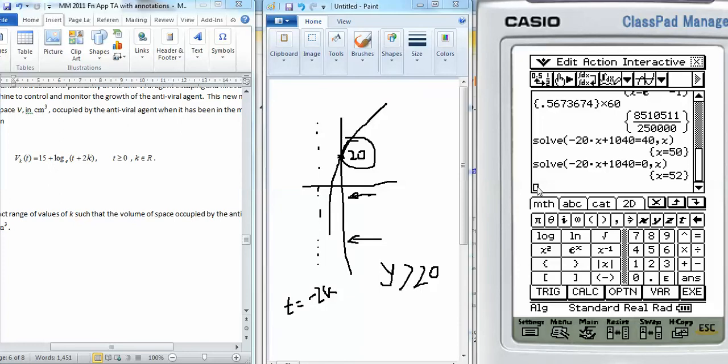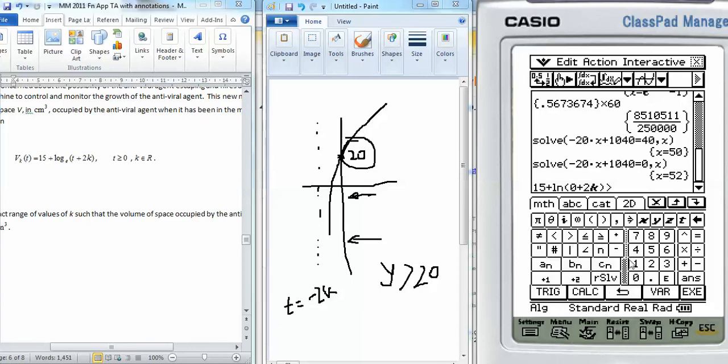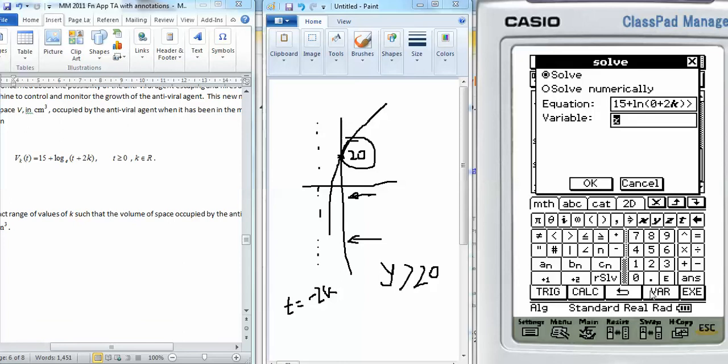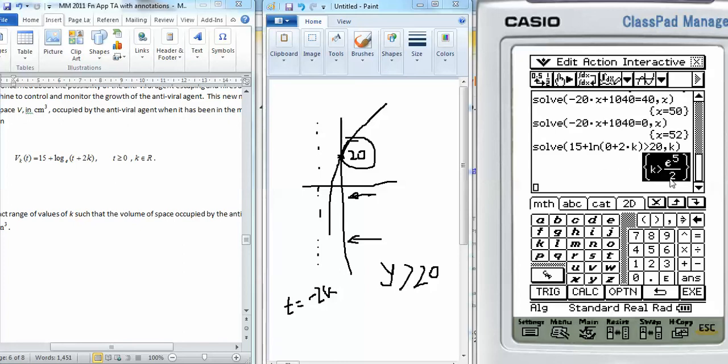So I'm going to have 15 plus natural logarithm of 0 plus 2k, and that has to be greater than 20. Using the solve function, solve for k. Okay, k's got to be greater than e to the 5 divided by 2.